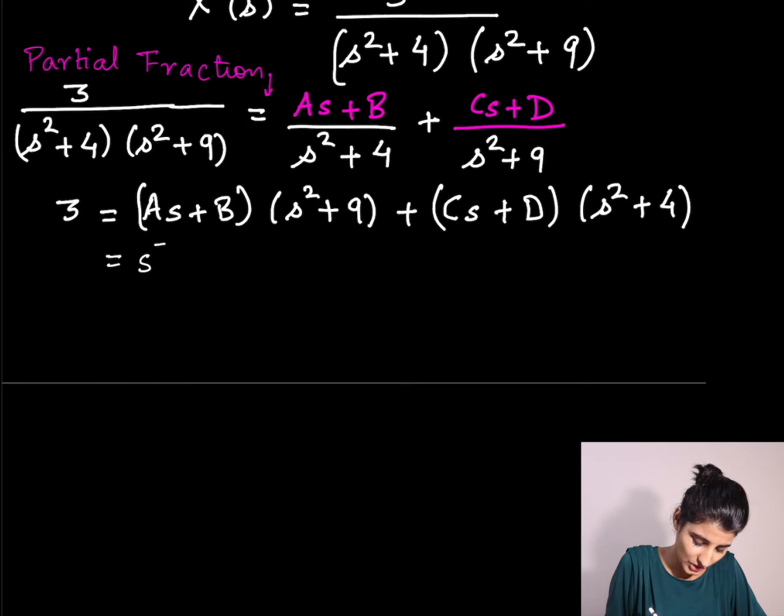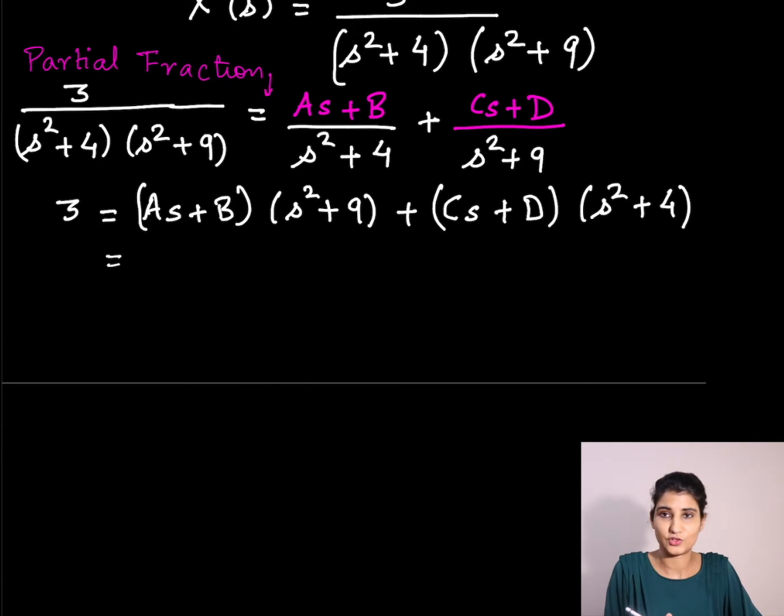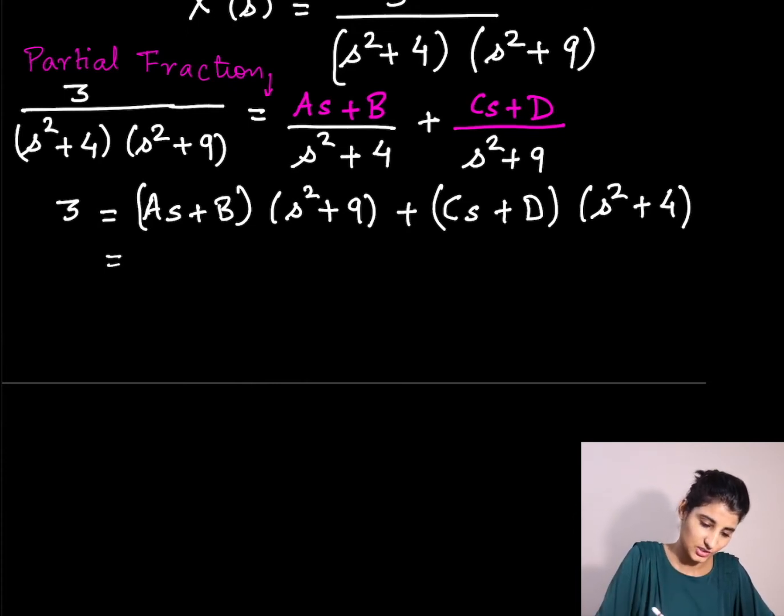So the coefficient of s cube is going to be a. Okay, let's simply expand this and then we'll collect the coefficient. I don't want to confuse you guys, so let's distribute as first.